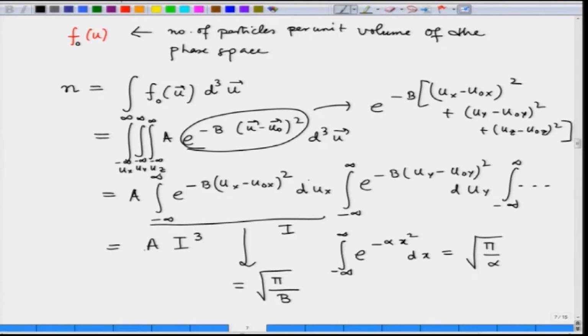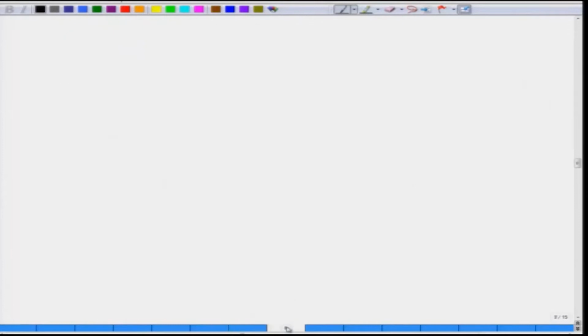So finally that will be (pi by b) to the 3 by 2. If you have this result, then n is equal to a times (pi by b) to the 3 by 2. So a will simply be n times (b by pi) to the 3 by 2.